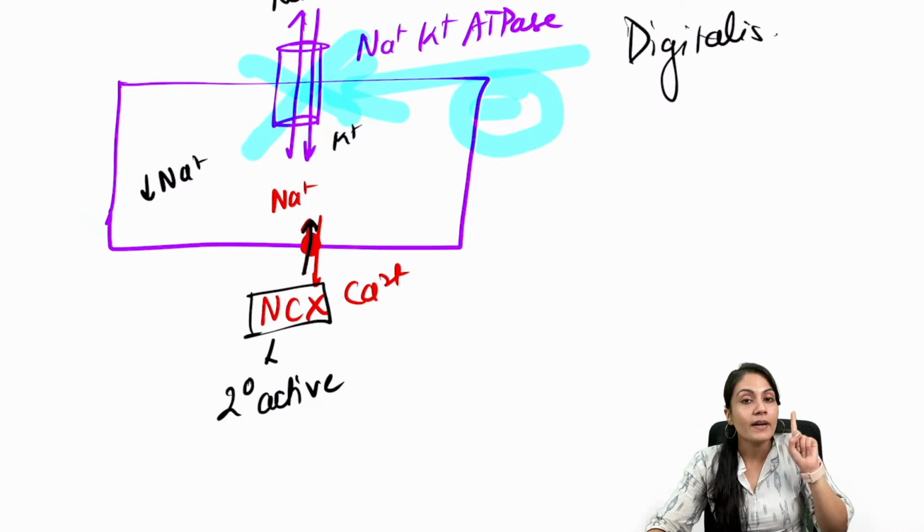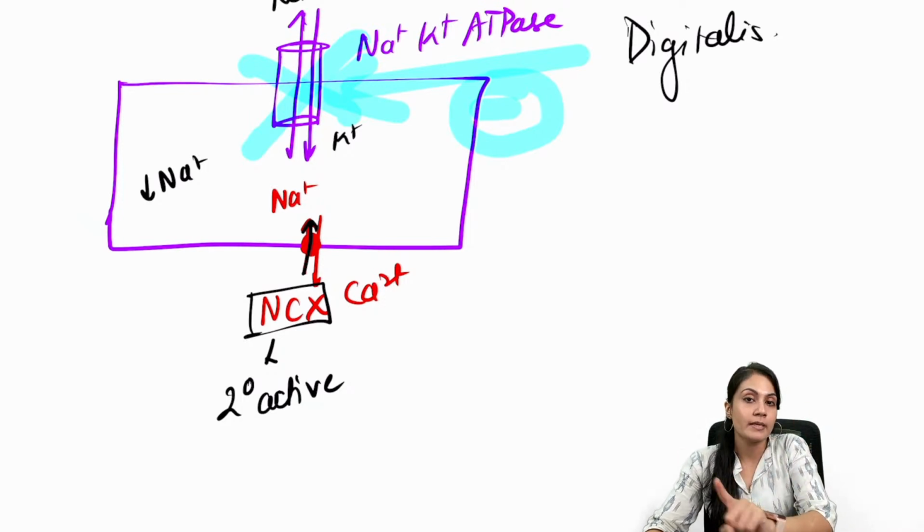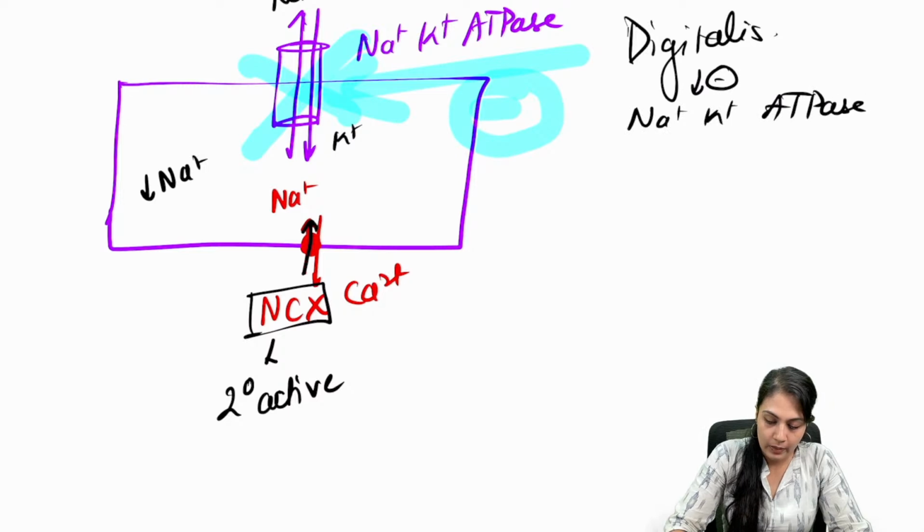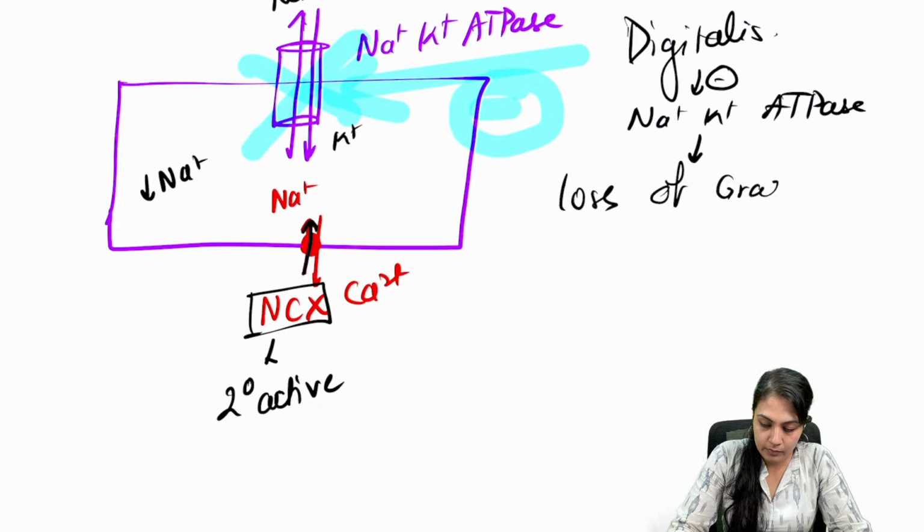But if I inhibit the sodium potassium ATPase, there will be no gradient created, right? Digitalis is going to inhibit the sodium potassium ATPase. There will be loss of the sodium gradient.